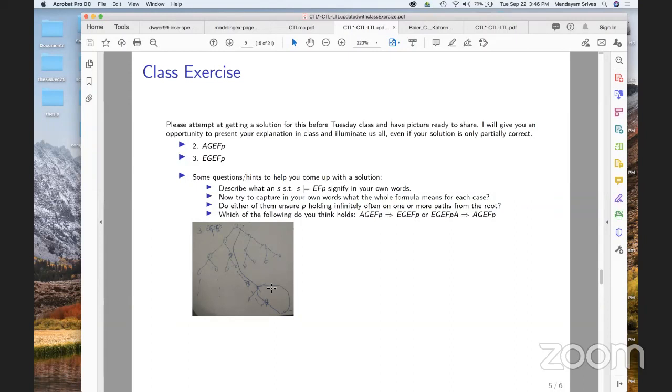So in other words, this one doesn't even require that on any path P has to hold good infinitely often at all. It only requires that every state be such that eventually P holds good. Is that clear?